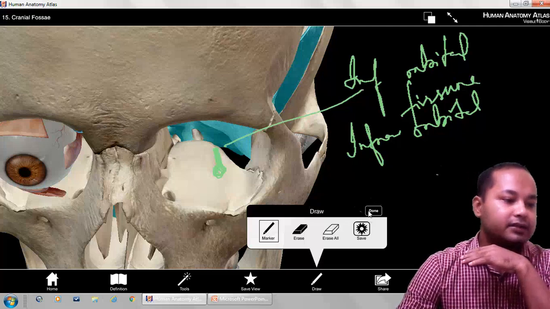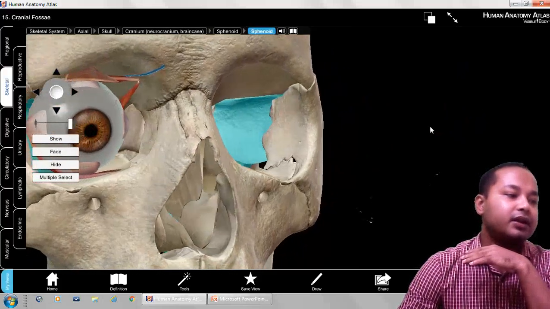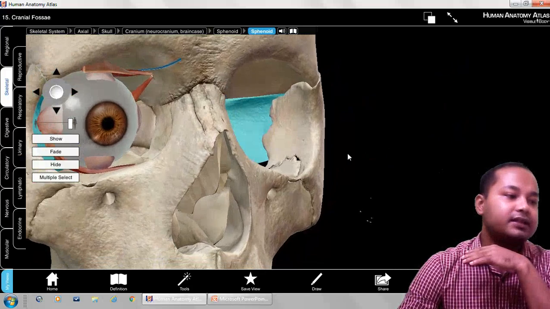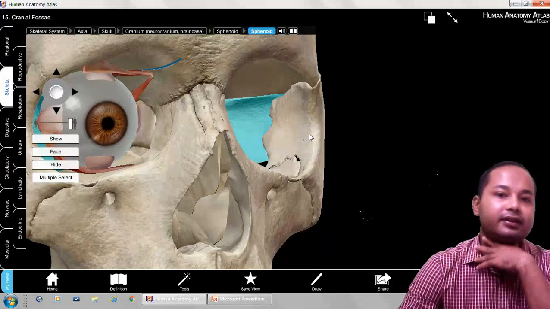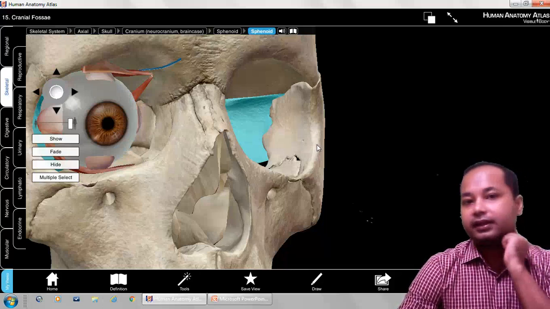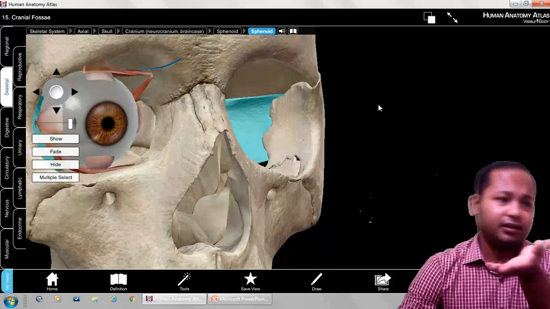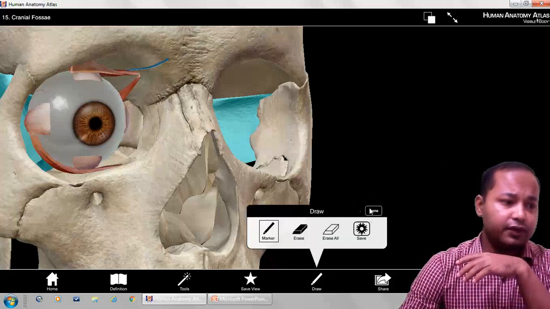Now in this part, since this is an animation only, some part may be missing. What is actually missing is a tubercle here, the check ligament for the lateral rectus muscle also. I think I need not tell you that the muscles of the orbit are primarily four in number.